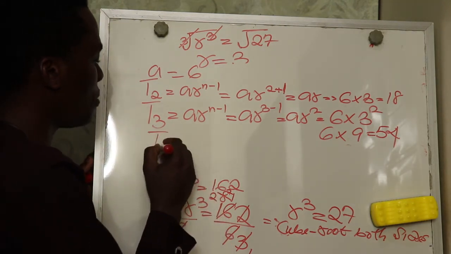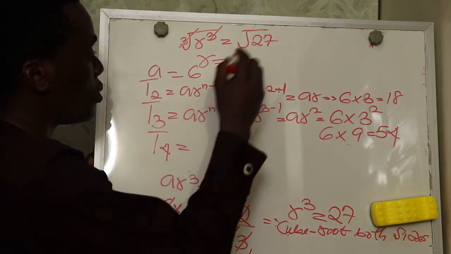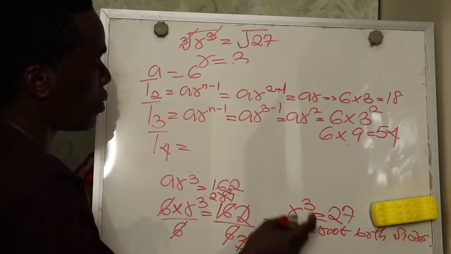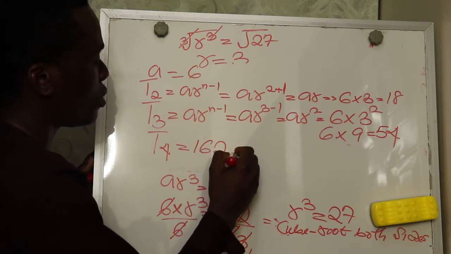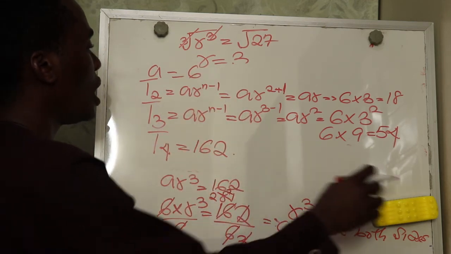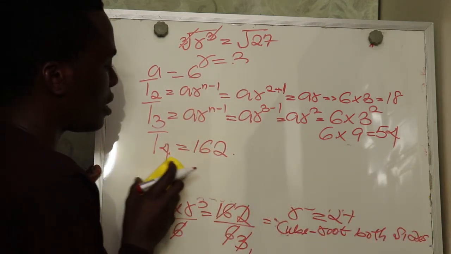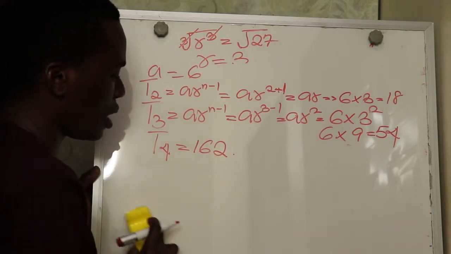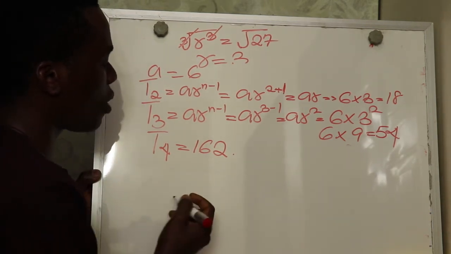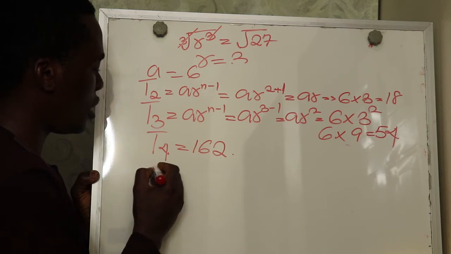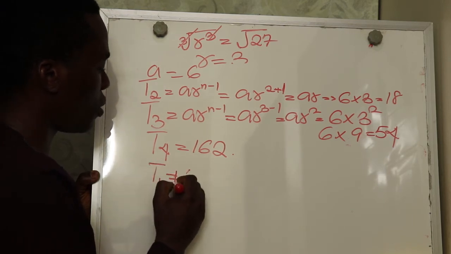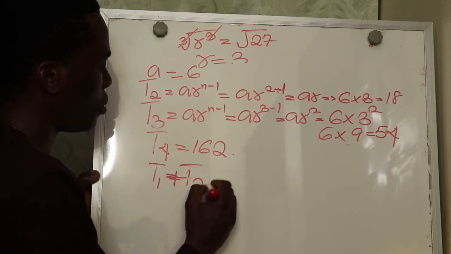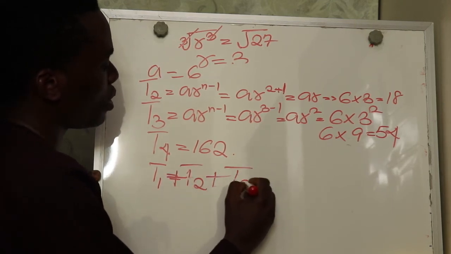Now we have gotten our T4, which they say is 162 from the main question. Now remember, they say you should find the sum of the first 3 terms. Now the sum of the first 3 terms is the sum of T1 plus T2 plus T3.